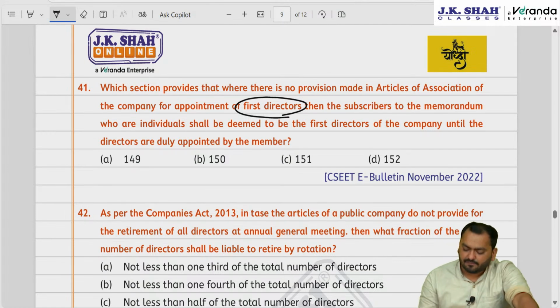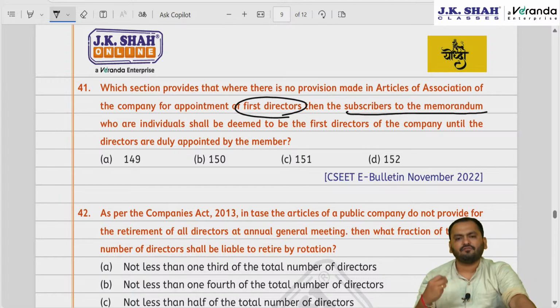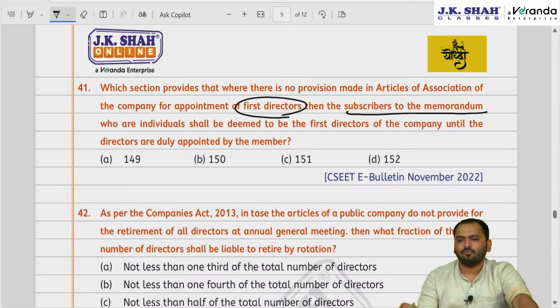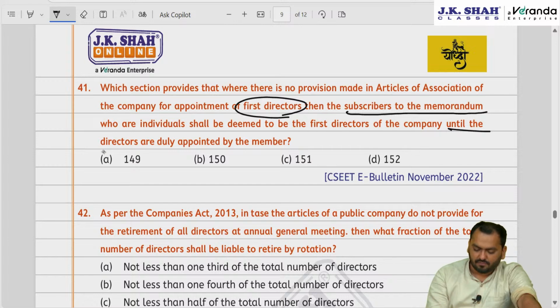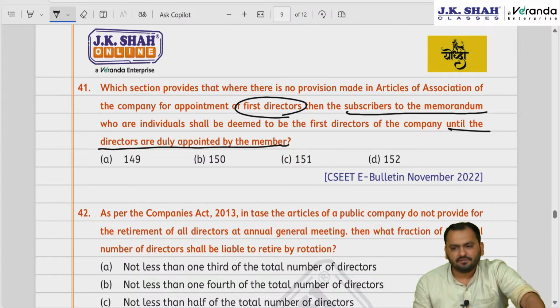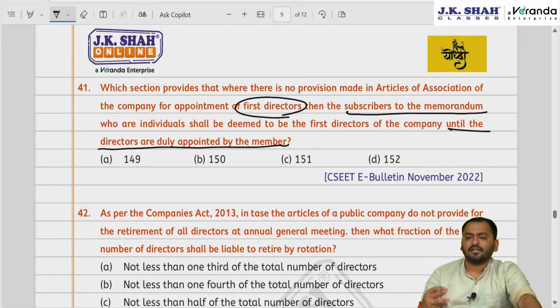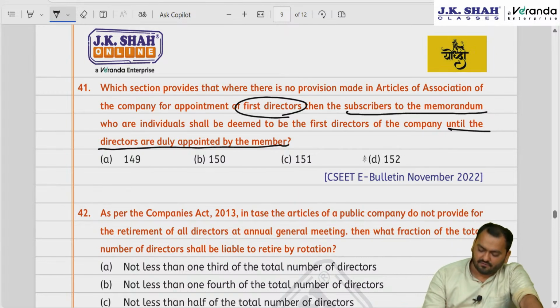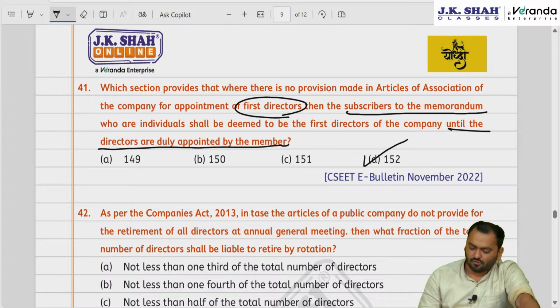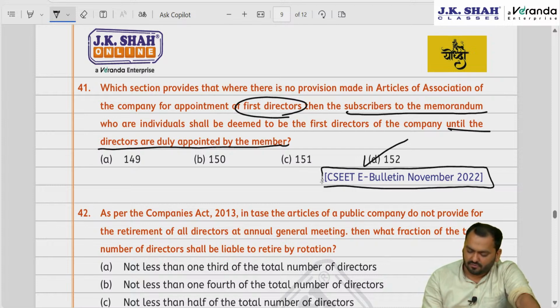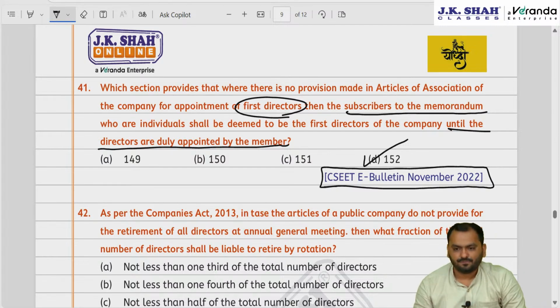In such a case, the subscribers to the memorandum shall be the first directors of the company. Subscribers to the memorandum means the first members of the company, the people who sign the MOA. They shall be the first directors until the members appoint different directors, right? All this is given in Section 152. That is your answer, and this was coming from the e-bulletin of November 2022.